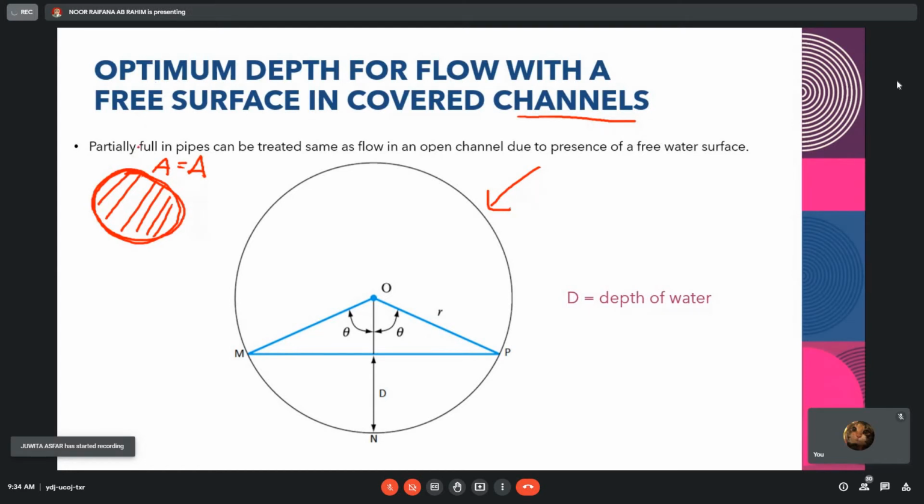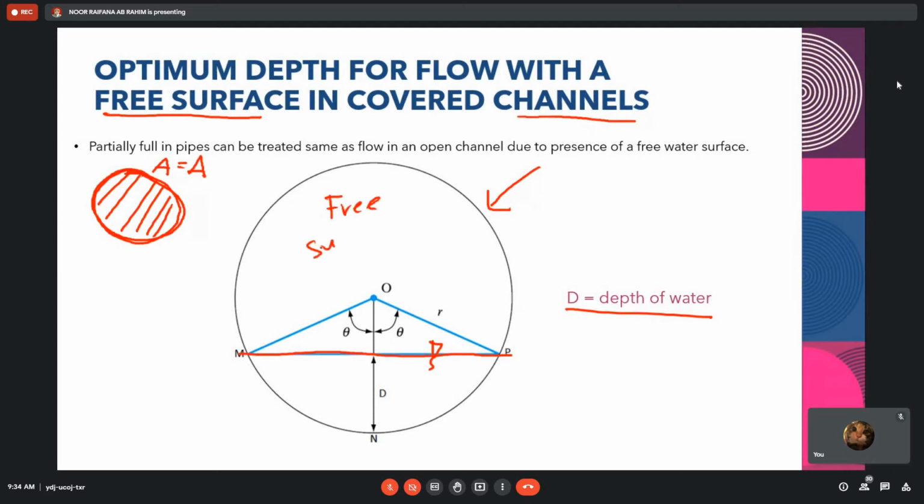But if dalam the covered channel tu you ada free surface. So let's say this one is your water surface. Here, D, depth of water. So this one is your water level. So you ada free surface kat sini.